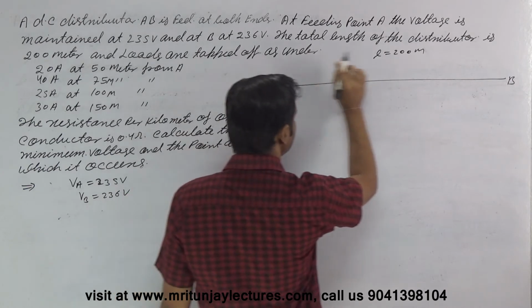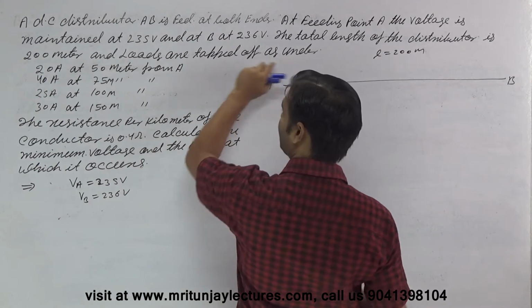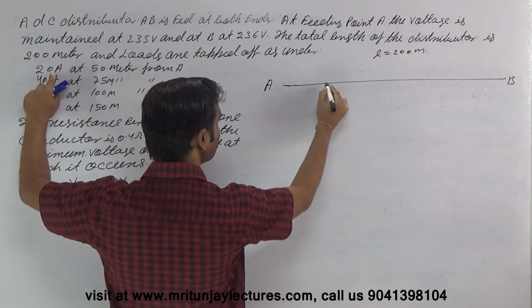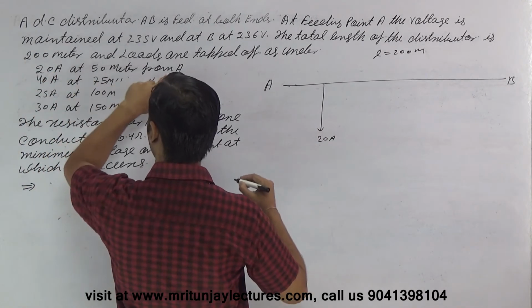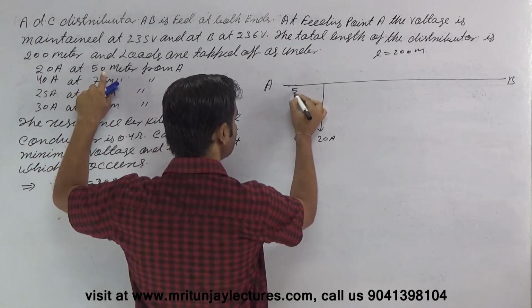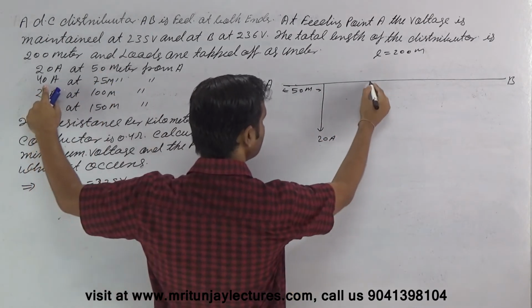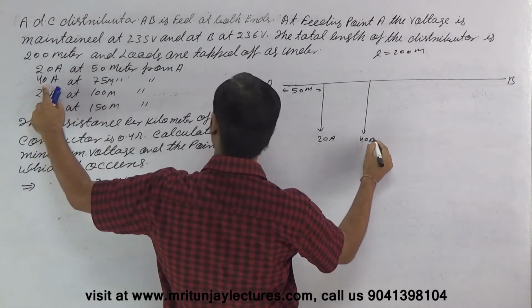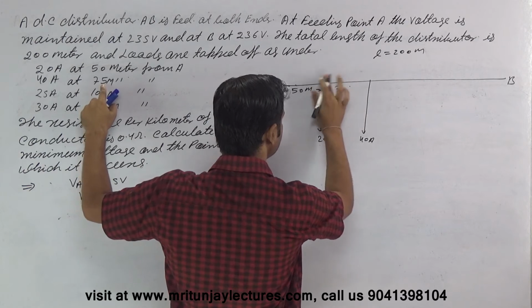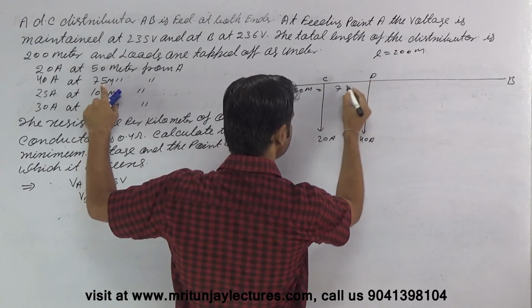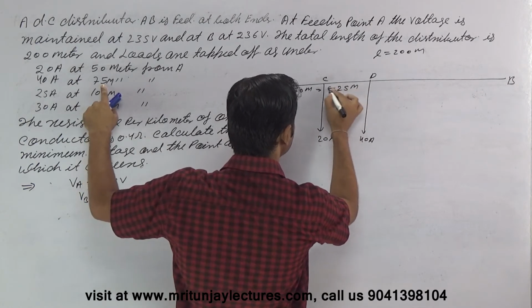The loads are tapped off. The first one is 20 ampere at 50 meter from A. Then 40 ampere, where the distance between C and D is 25 meter.